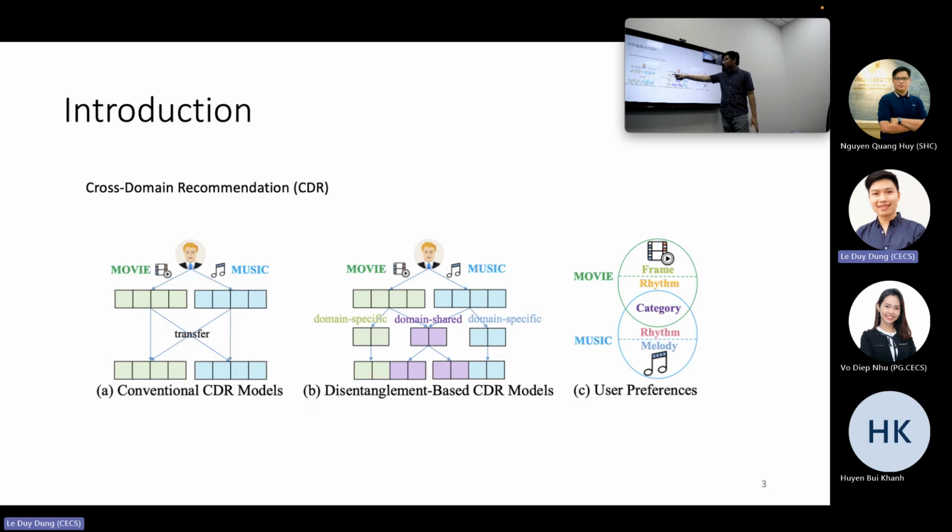From the user embedding of the movie domain, they extract domain-specific and domain-shared parts, and similarly from the music domain. At the last fully connected layer, they concat the domain-specific and domain-shared parts to represent the mutual information for movie and for music.